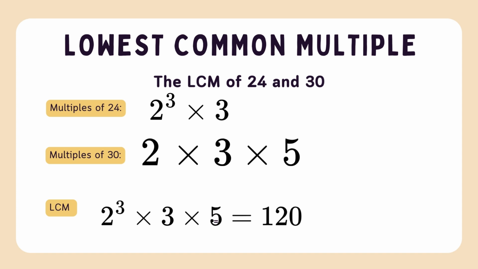So to get the LCM of 24 and 30, because I have 2 appearing 3 times, my LCM will be 2 times 2 times 2, 2 to the power of 3. Then I'll pick one 3, times 3, and then times 5. So the LCM of 24 and 30 will give me 120.